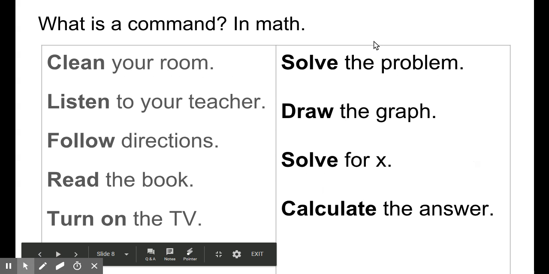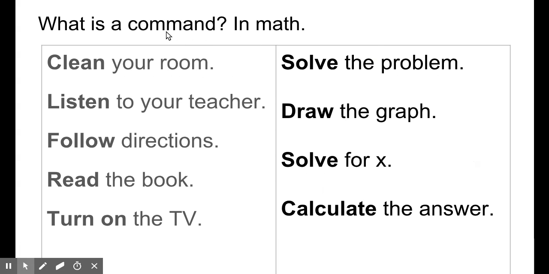What's not as easy to find is this concept called the command, which also comes from your language arts class. Commands are basically orders that you're supposed to do. Usually they start with a verb and they end with a period. A command is when it's an invisible voice telling you to do something.